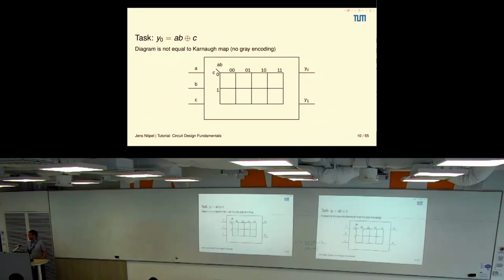Short example for an implementation of a logic functionality using a lookup table. Very important here, if you have seen Karnaugh maps before, it looks very similar. It also works very similar, but the main difference is that the encoding of the X and Y axis are not Gray encoded. So be aware of that.